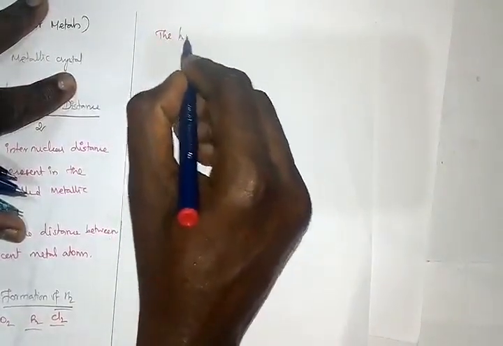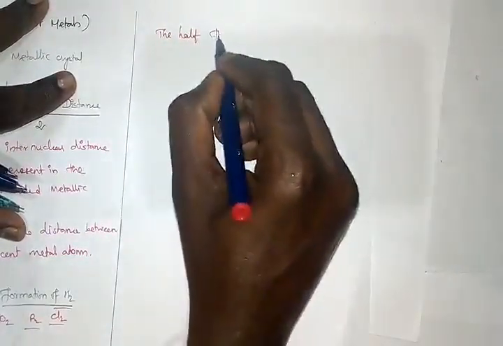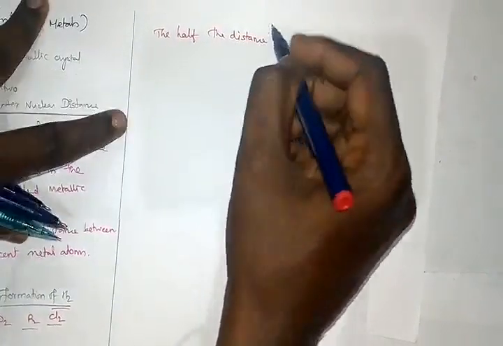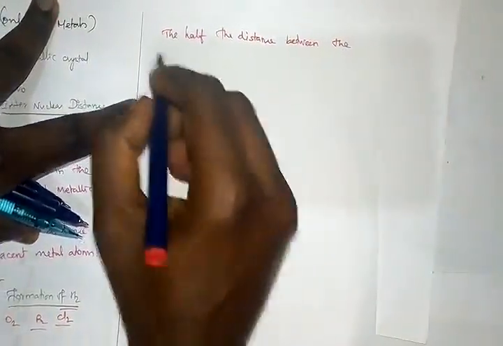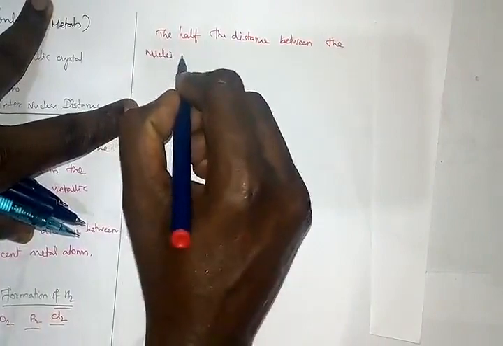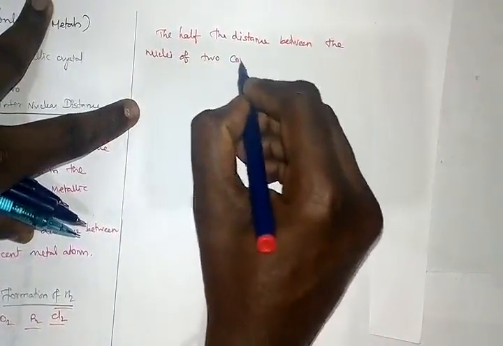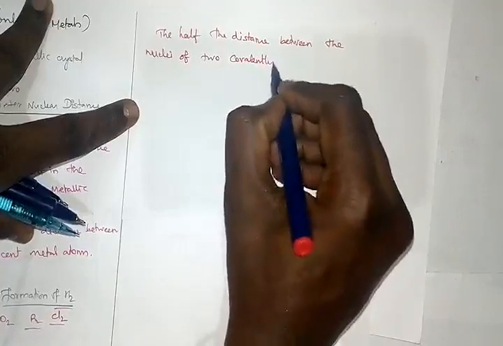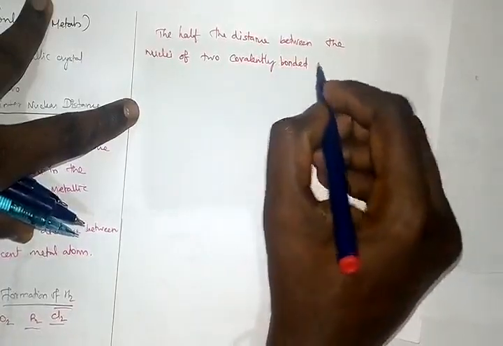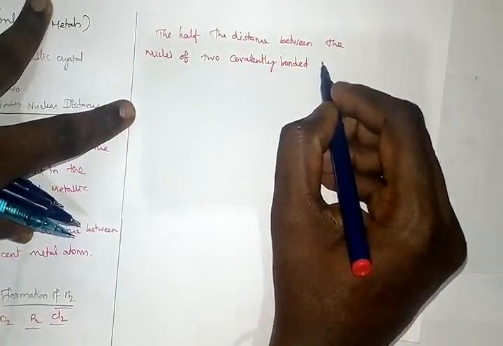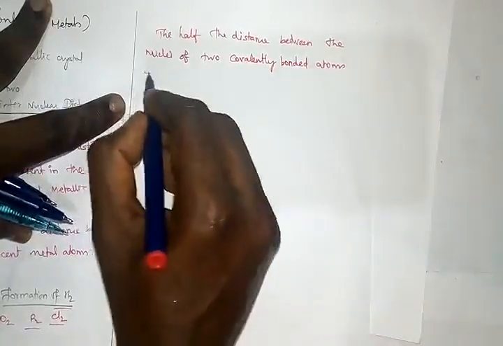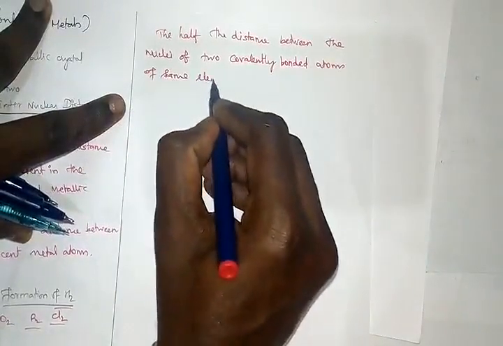Now the covalent radius definition: half the distance between the nuclei of two covalently bonded non-metallic atoms of the same element.